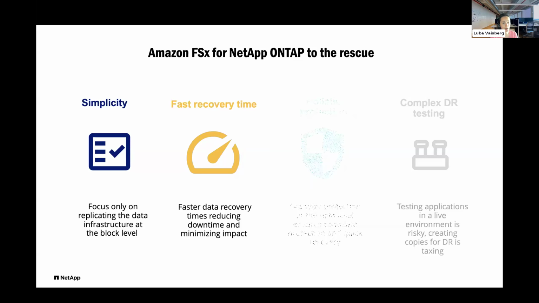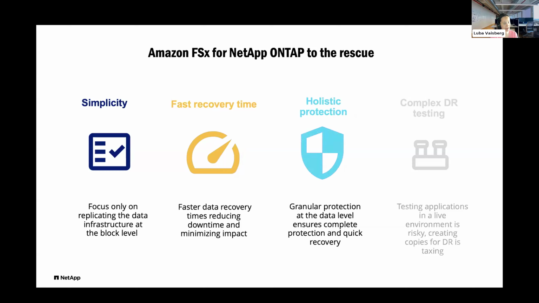Next, if we spoke about how fast we can recover, let's talk about how you can reduce the amount of data that's being lost. Again, another very crucial point when it comes to data protection. With FSx for ONTAP, we offer block level disaster recovery, where you can ensure the integrity and the availability of your data.